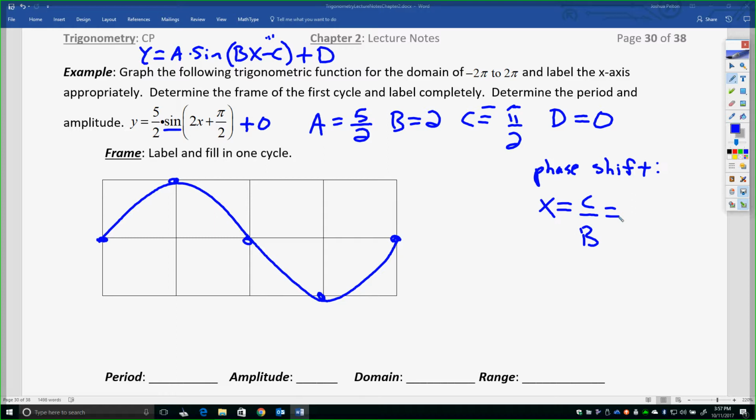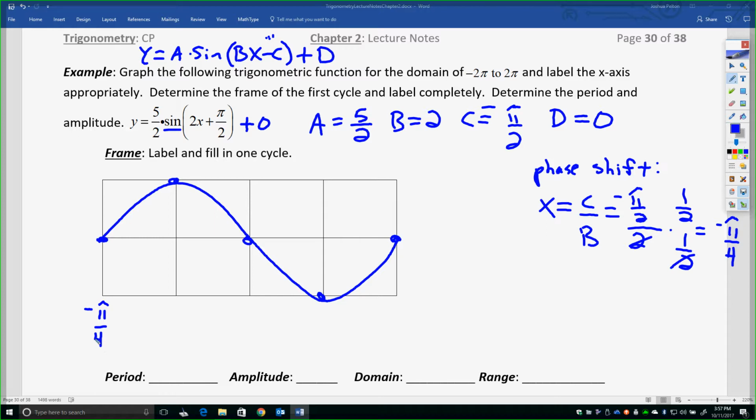So in this case, my c is pi over 2, and the b is 2. Okay, but this is negative, so we'll multiply it by 1/2 over 1/2. So that'll give me a negative pi over 4, which is our starting point. So that's negative pi over 4.